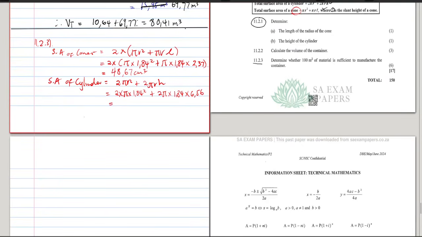And then the answer, it's 2 times pi times 1,84 squared plus 2 times pi multiplied by 1,84 times 6,56.